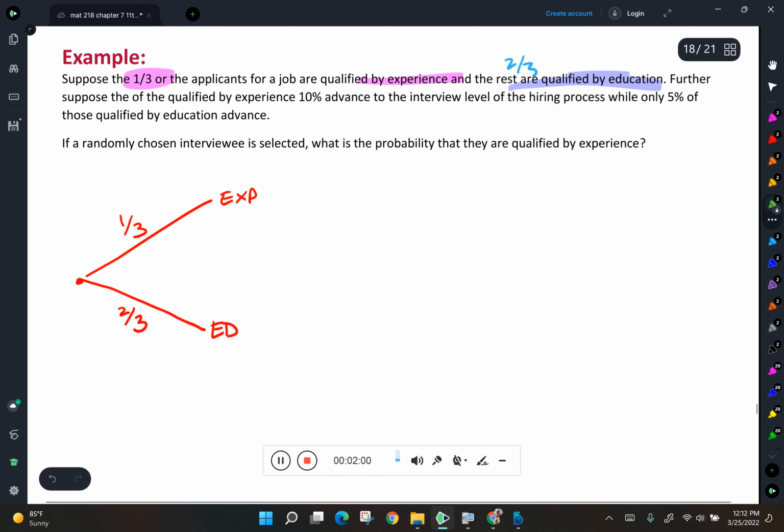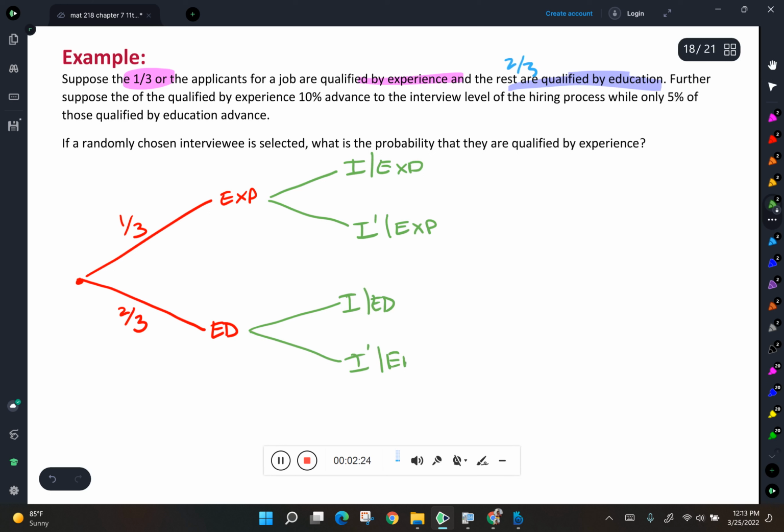But then we screen them, and some of these people go on to the interview, given that they got there by their experience, and some don't get an interview, given that they got there by their experience. Some of these people down here will get to the interview, given that they got there by their education, and some won't get an interview, given that they got there by their education.